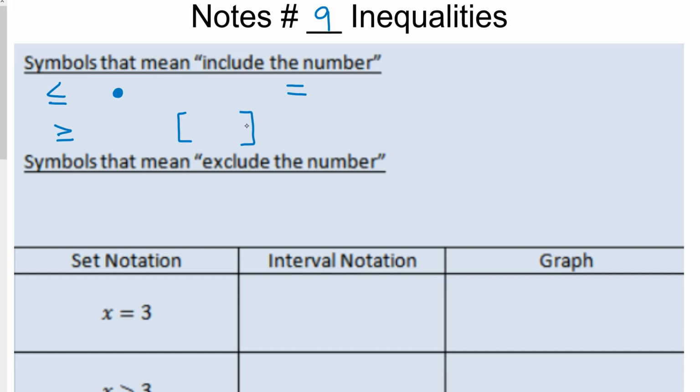Symbols that mean exclude the number would be if we just had a less than or a greater than without the equal to. And if you were graphing and you didn't want to include the endpoint, you would make an open circle instead of a closed circle.